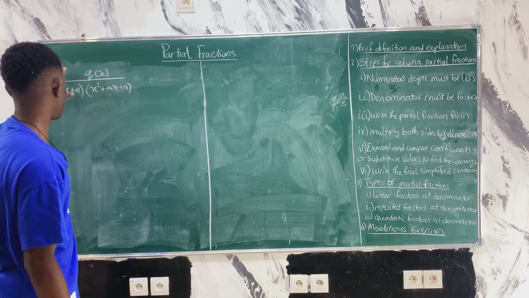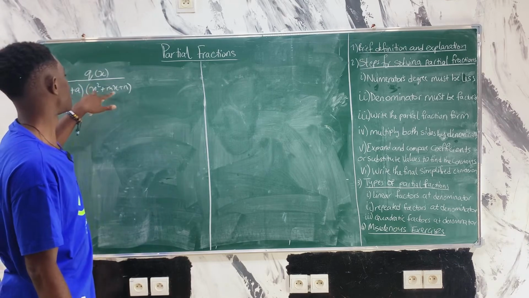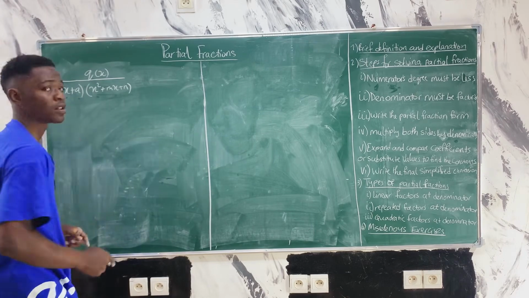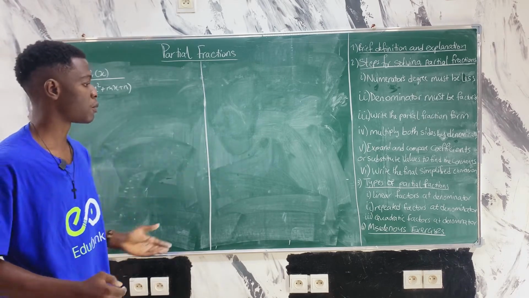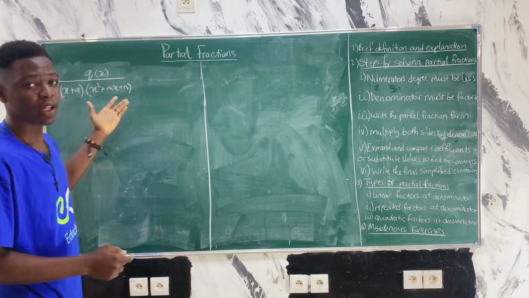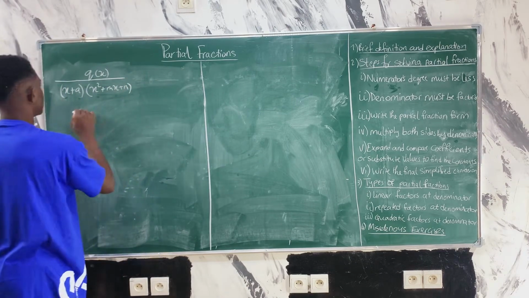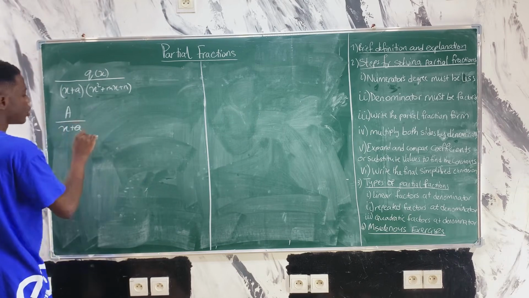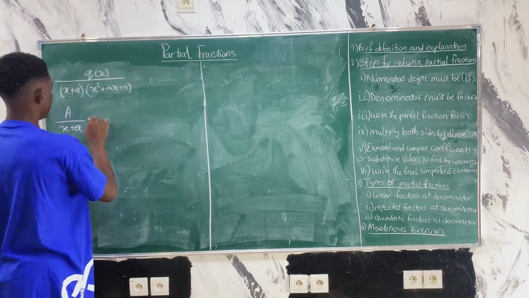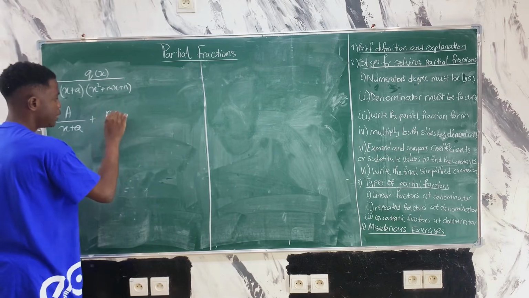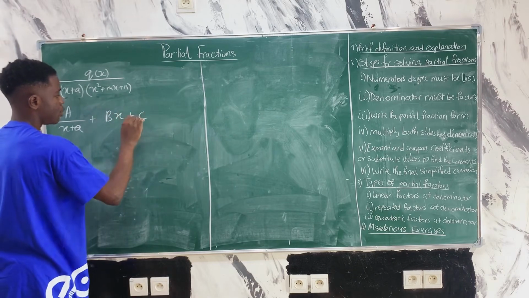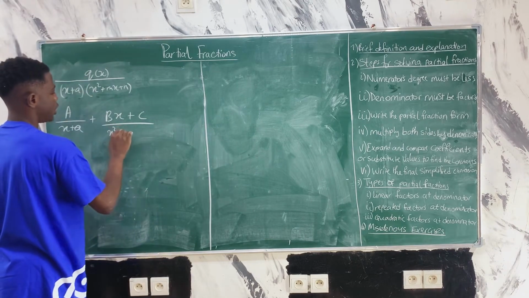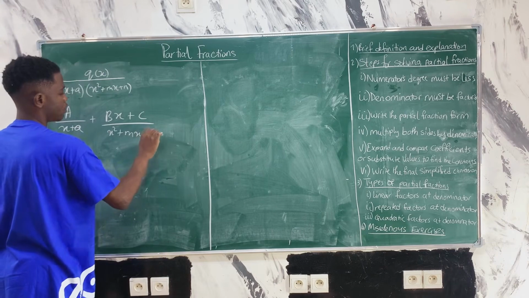Like this, where you have something that can be factorized and something that cannot be factorized, and maybe just this, you must not be multiplied by anything else. You use this third form. So when you encounter this, your partial fraction is going to be A on x plus a, like we have done normally, plus bx plus c on x squared plus mx plus n.